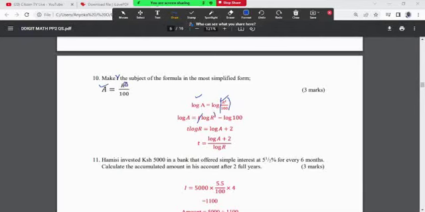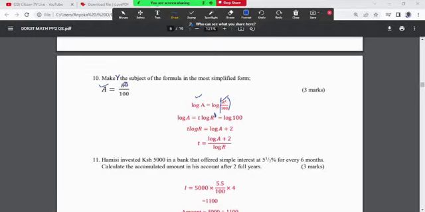Then this T can come to this side. So now it becomes T log R is equal to log A.